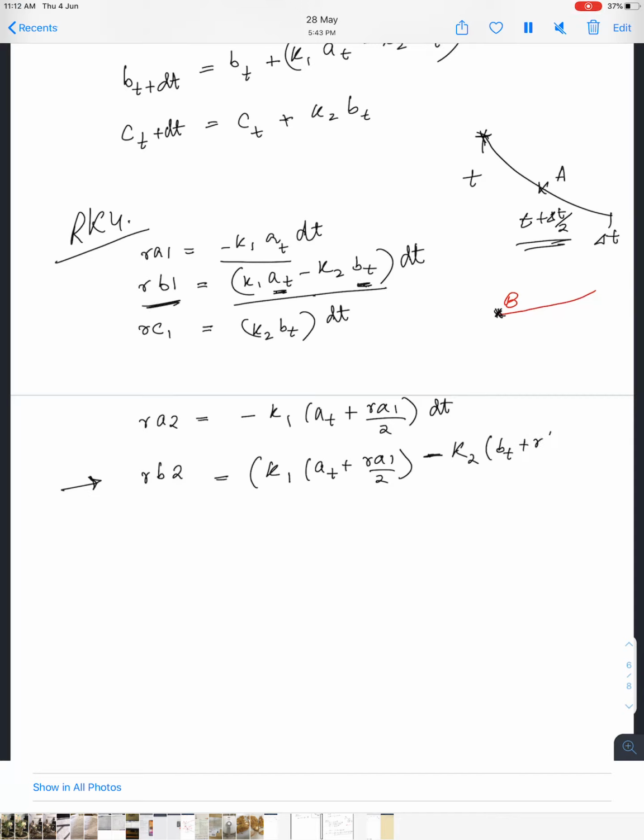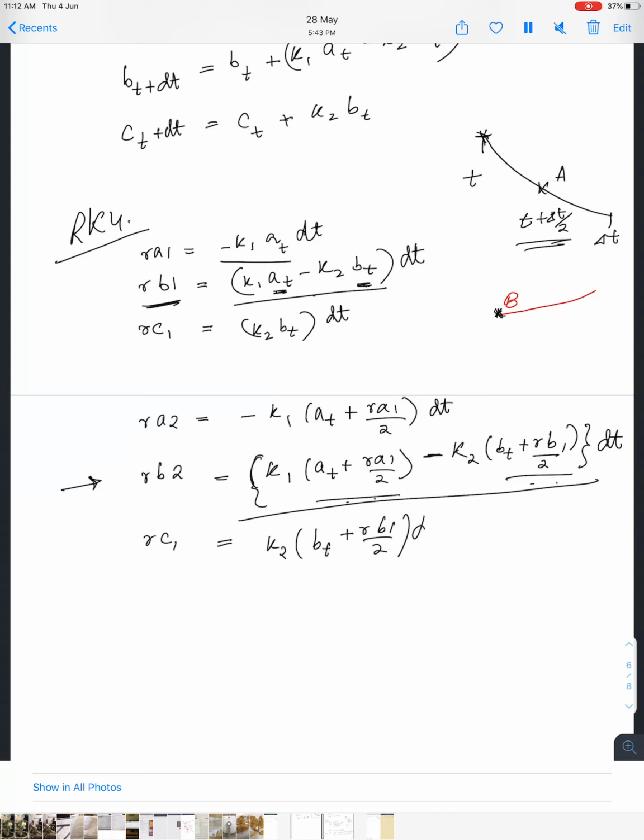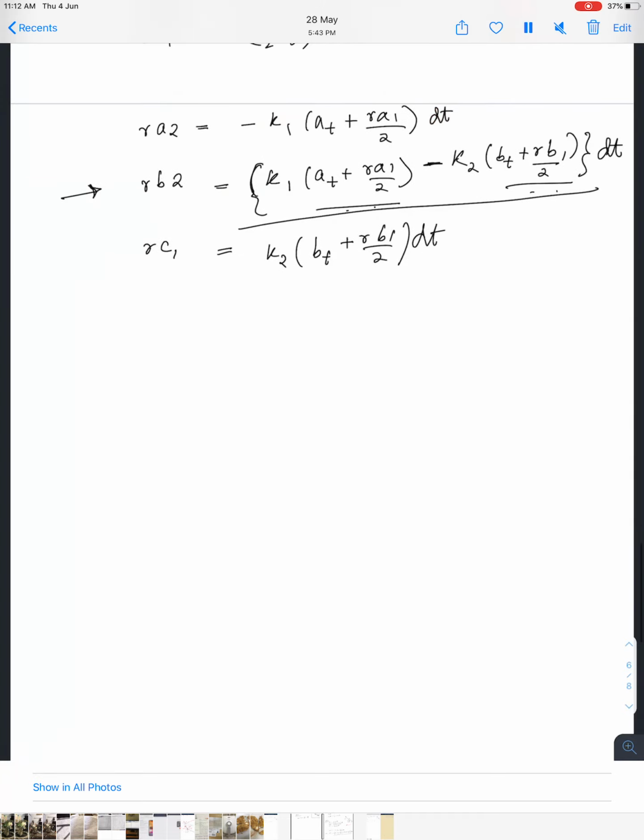So at this midpoint, we have A increases as A at t plus RA1 by 2 and B increases as B at t plus RB1 by 2, and then whole dt. So remember this, A increases as RA and B increases as RB. Now what is RC1? RC2? RC2 is K2 B at t plus, it increases as B, right?